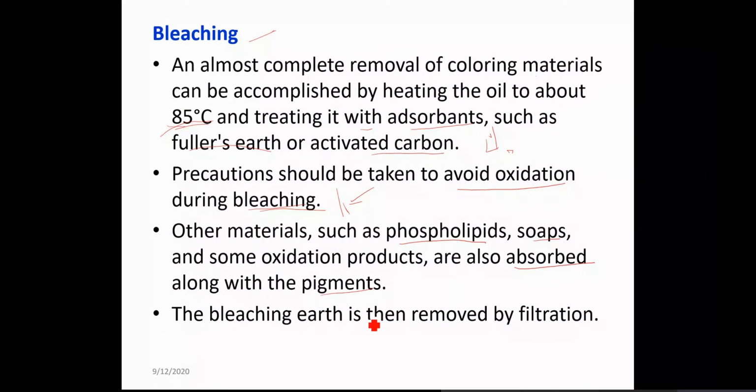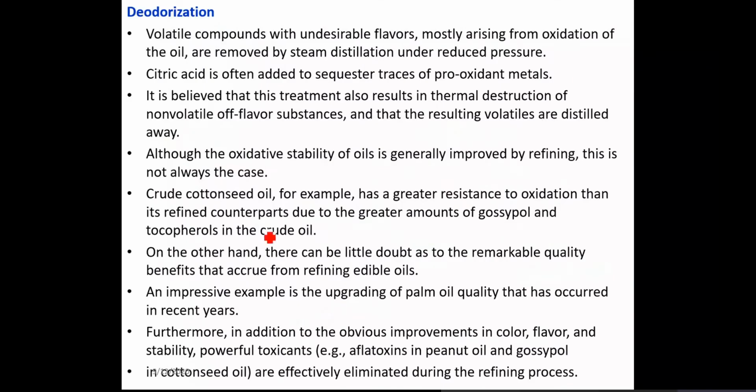The bleaching earth is then removed by filtration. There are very huge filtration beds, and the oil is passed through those beds, and then you get the filtered oil. Then the next step is deodorization. Deodorization means you are trying to remove the odor or flavor, such as a nutty, beany odor.